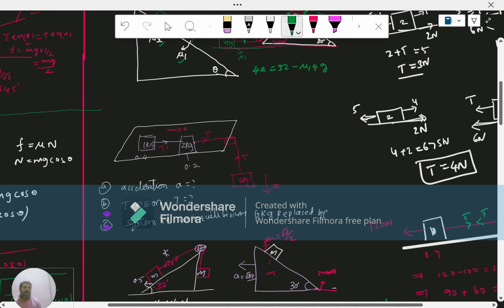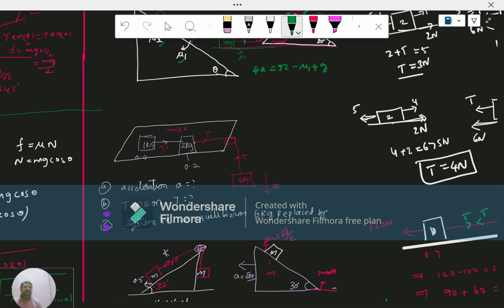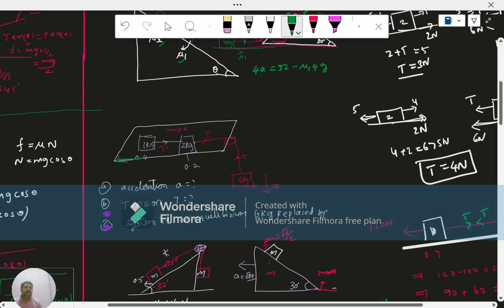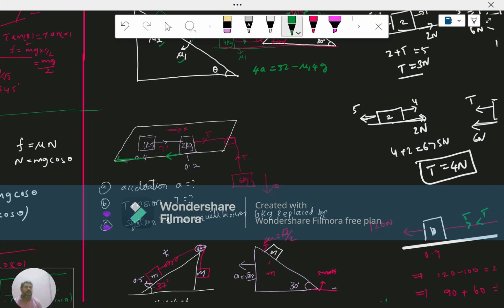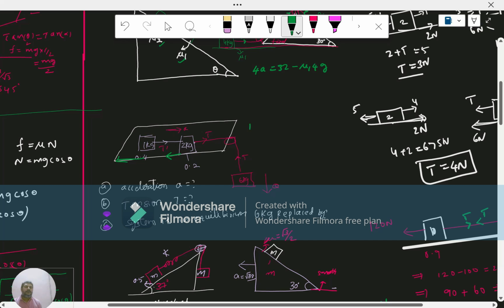So here, first of all, we will check whether they are accelerating or not. Here the T value is not given, and I assume the system is moving downwards. So friction acts backwards on both blocks. Then T minus F1 plus F2 is equal to 3a.